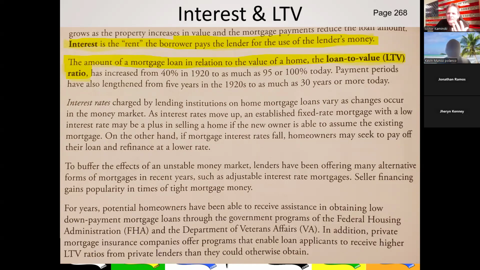What are some of the things that affect the interest rate you're charged? Your credit score? Okay. They call it risk based lending for a reason. And Jonathan, you just said the credit score.